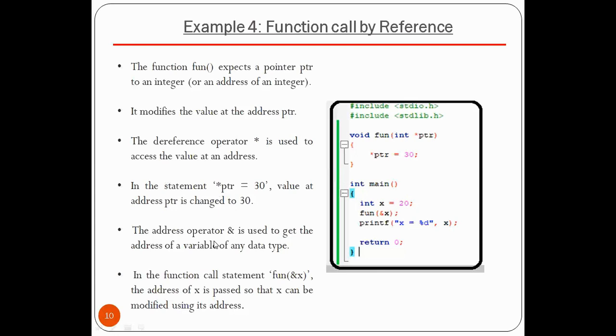The address operator & is used to get the address of a variable of any data type. In the function call statement fun(&x), the address of x is passed. So these are the same points we have discussed earlier. Nothing is new. I hope it is clear how we call a function by reference and hence how we call a function by value, right?